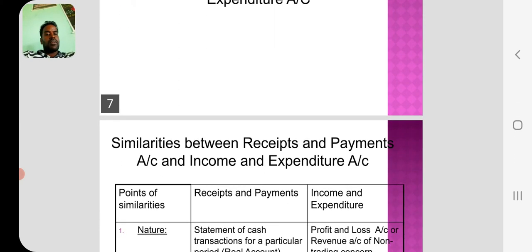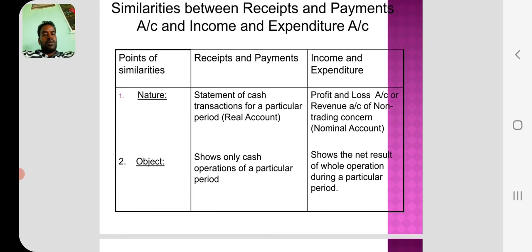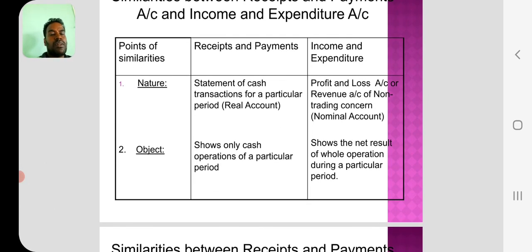So see here some differences between receipts and payments account and income and expenditure account. The points of comparison are in the first column, the second column is receipts and payments account, and the third column is income and expenditure. Nature: receipts and payments is a statement of cash transactions for a particular period and is a real account.